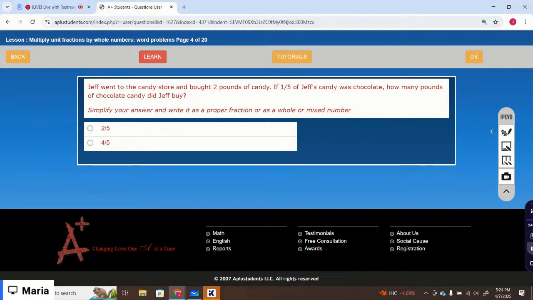By 5, option number 1 is the correct option.